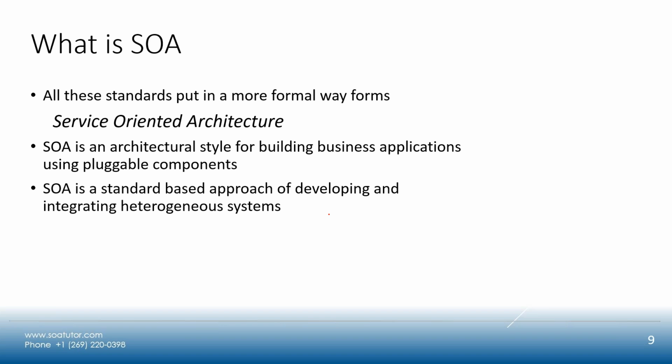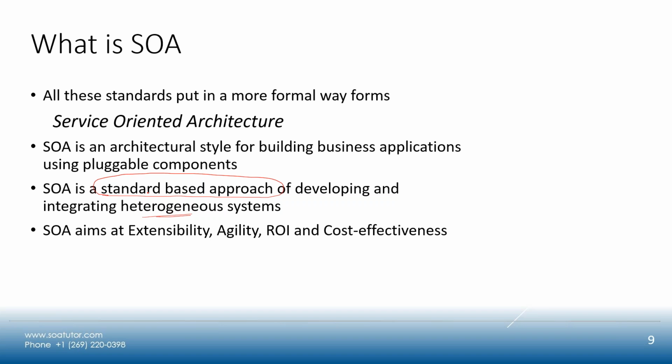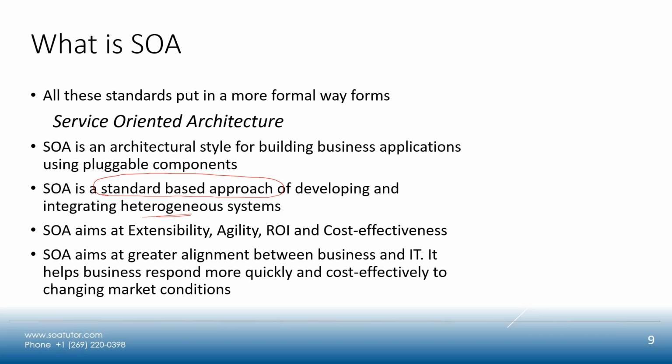And SOA is a standards-based approach of developing and integrating heterogeneous systems. So all the systems here are different systems, right? So they are heterogeneous systems, and SOA gives you a standards-based approach so that you have all the benefits of extensibility in the future. SOA aims at extensibility, agility, return on investment, and cost effectiveness. We have seen all these.